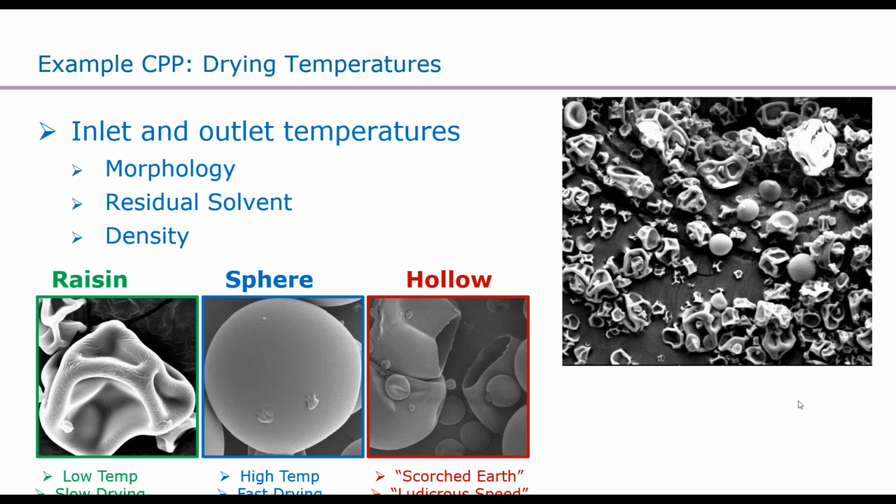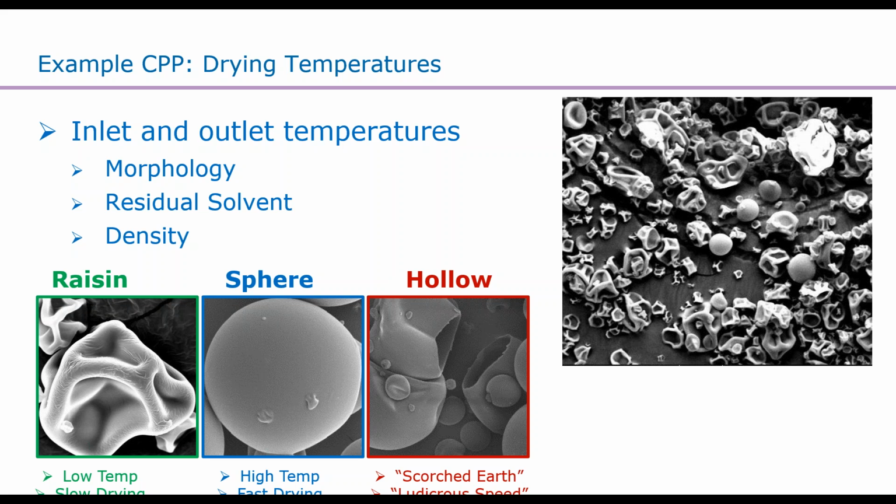There are many other CPPs for a typical spray drying process, but let's discuss particle drying as another example. The drying will control the morphology or shape of the particles, the density, and the residual solvent level of the SDD. The drying is a function of the inlet and outlet temperatures, as well as the residence time of the particles in the chamber. So generally for amorphous dispersions for solid dosage manufacturing, we're shooting for shriveled raisin morphology, shown here on the bottom left.